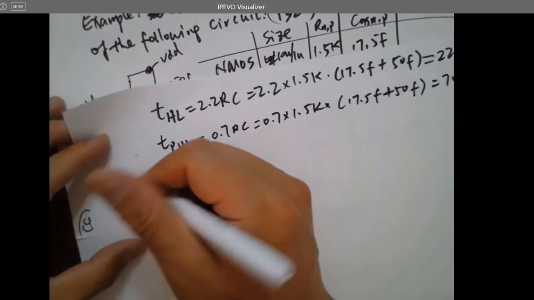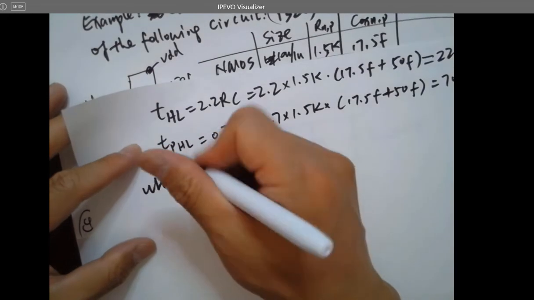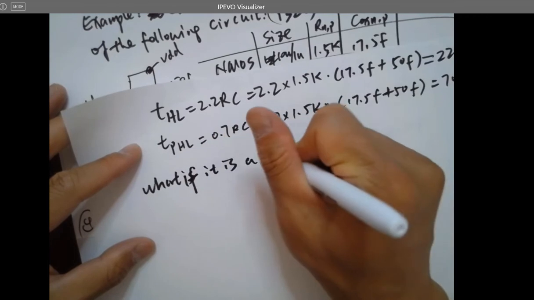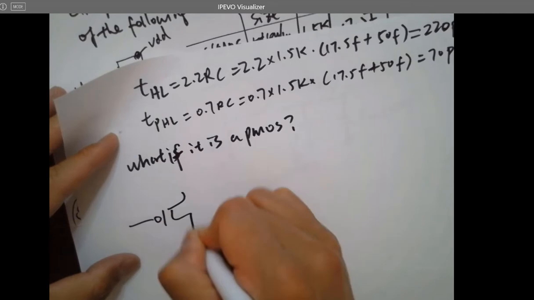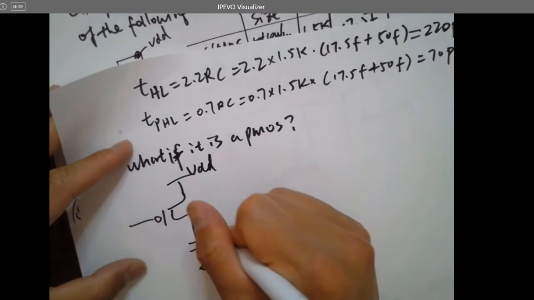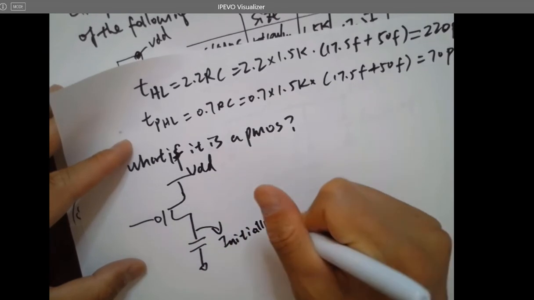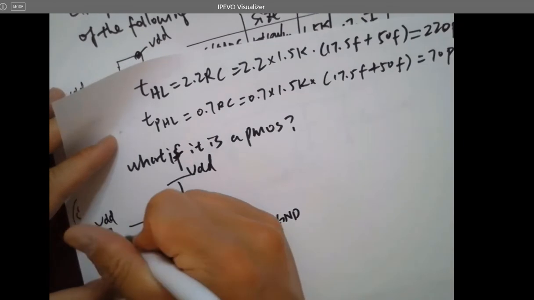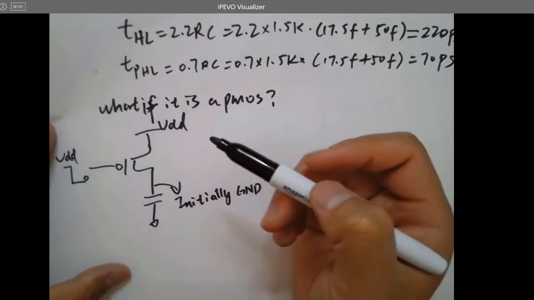So what if this is a PMOS? Let's look at this model. Initially it's at ground. I have to switch this off to turn on the channel, because you need a ground to turn on the channel.